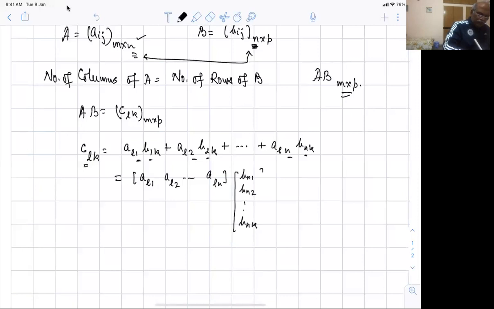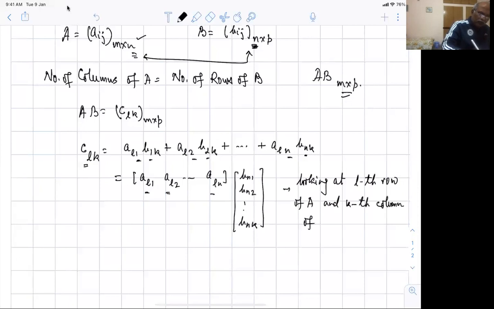All right. So l is the row and k is the column. What you're saying is that we are looking at the lth row of A and the kth column of B. This is what we are looking at.